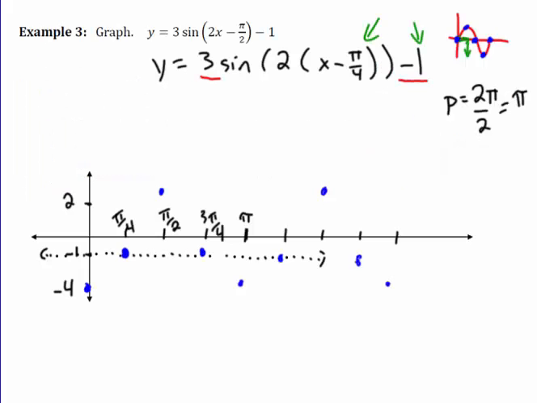We can now sketch one full period, and we just connect the dots with a nice smooth curve. And this gives us a sketch of our trigonometric function, just like that. So there are a lot of steps to graphing it, but we just break it down piece by piece, and we're going to work more of these examples in class.